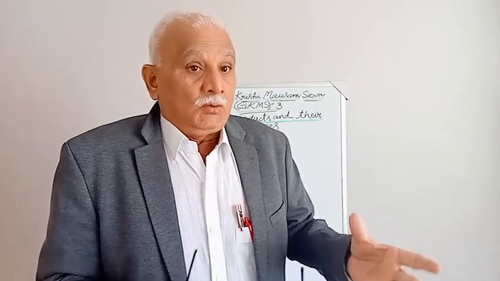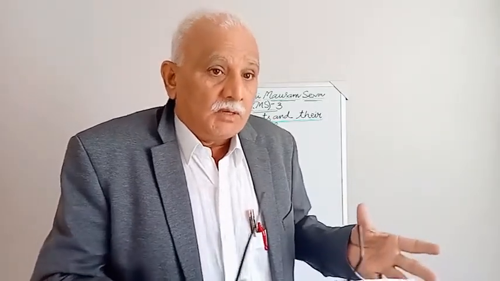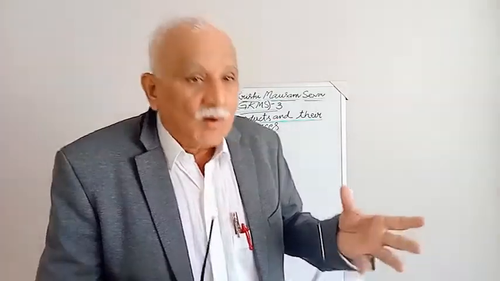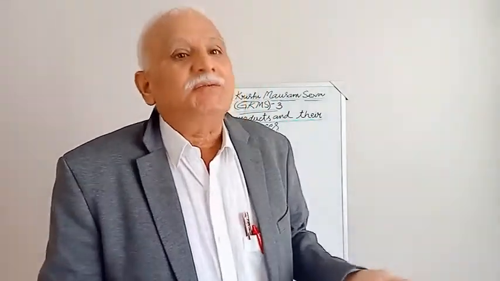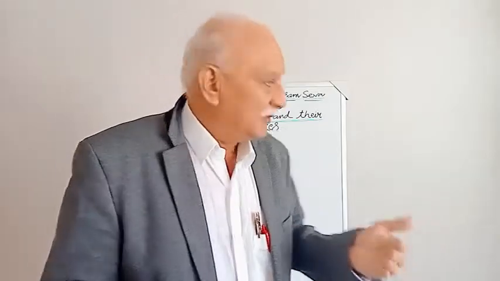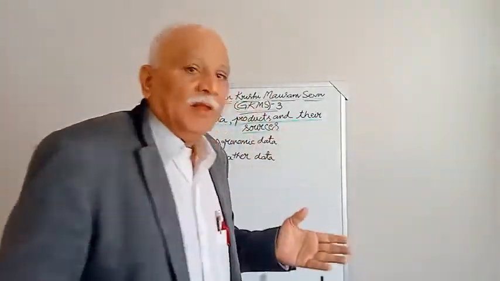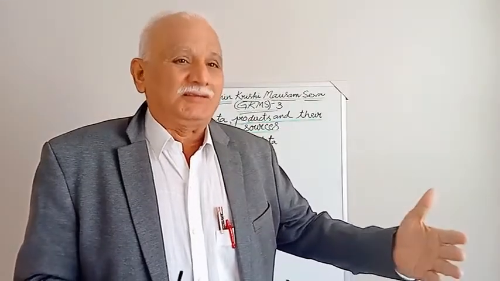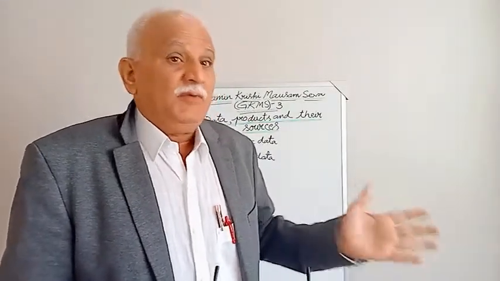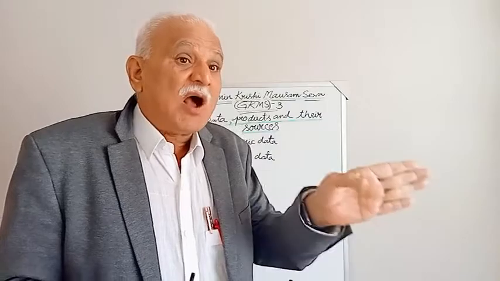To prepare those inputs, what is required? Data is required. What are the sources of that data? That also we try to understand. And in addition to the data, from the data we should get some products. Not only from the data, products from outside.